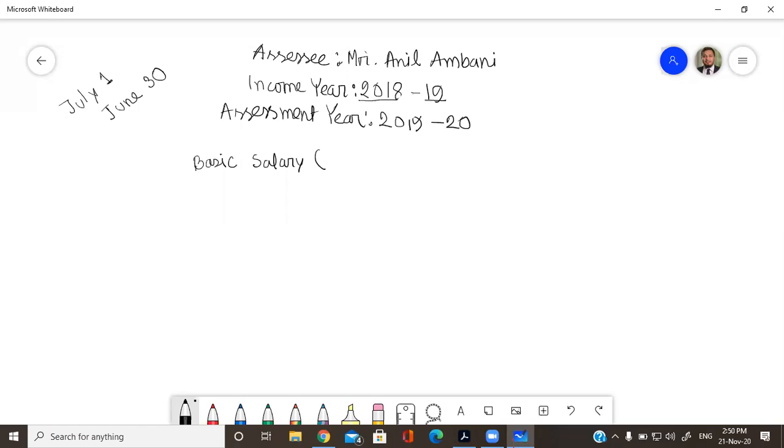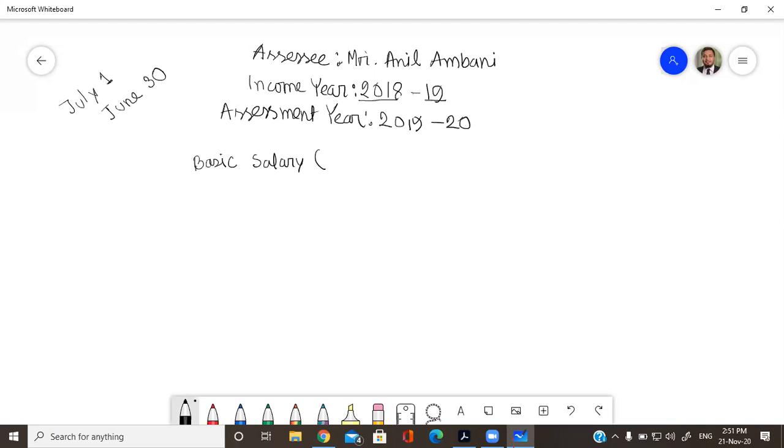As there is no other information given about when he joined the job or when he left the job, we can assume that for the whole income year, Mr. Anil Ambani was staying in this position.